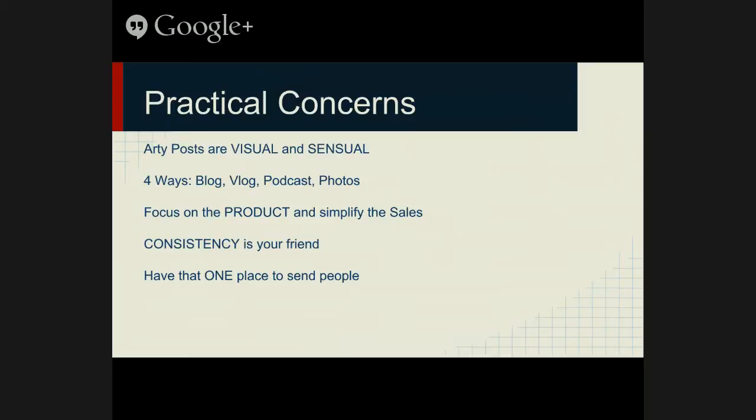Right. At the heart of them, all posts by artists, in my eyes, are visual and, more importantly, just generally sensual. Now, on the internet, there are certain senses that you can't really deliver, right? You can't make it smelly, thankfully, maybe. You can't make it tactile, really. You can have them hear what you're producing.